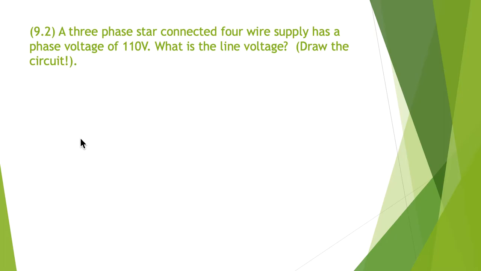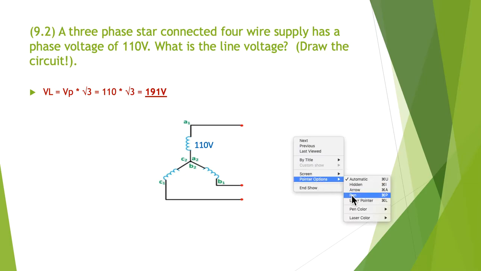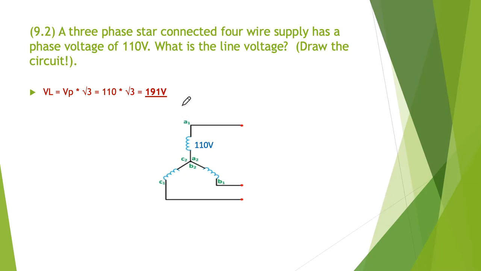9.2. A three-phase star-connected 4-wire supply has a phase voltage of 110 volts. What's the line voltage? Again, draw the circuit, and basically this is almost the exact opposite to what we've just done. So they've told us that we have 110 volts, and that's our phase voltage, this one here.